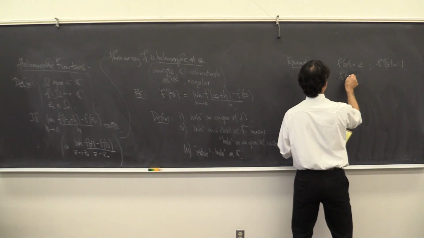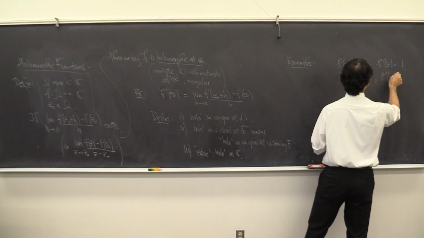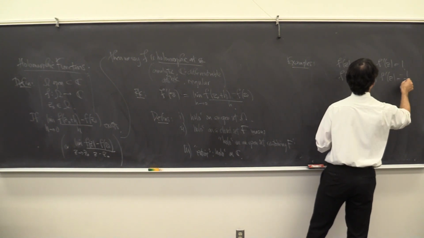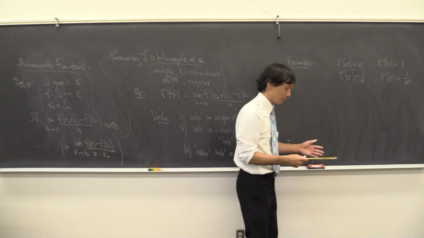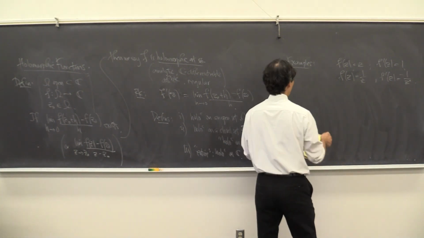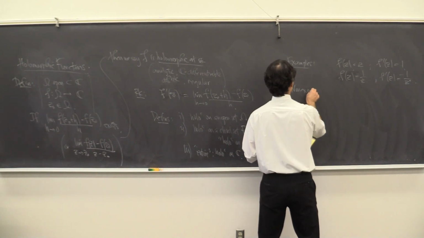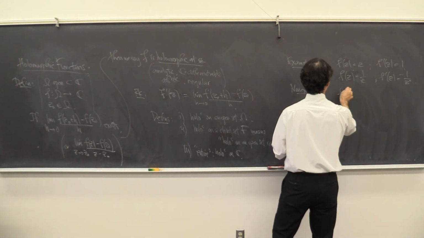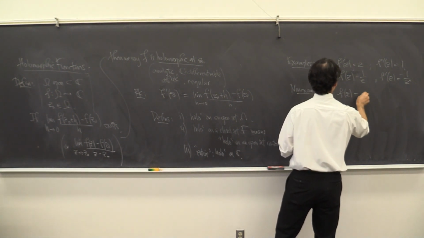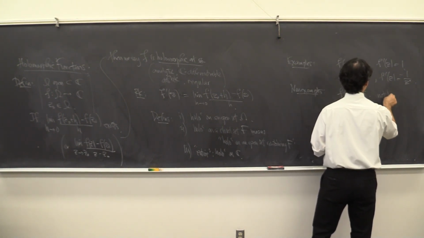If f of z is 1 over z, then f prime of z is negative 1 over z squared. The same calculation holds. But to give some non-examples, if we look at f of z equals z bar, then that is not holomorphic.